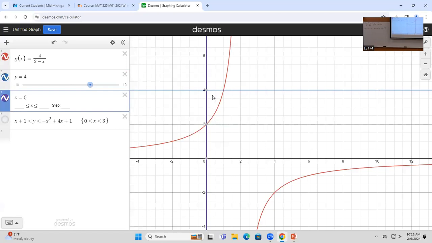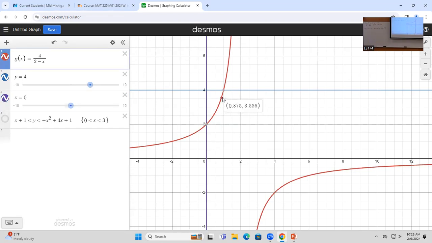But it's this region in here where the top is y equals 4, the left-hand side is x equals 0, and the right-hand side is our rational function.